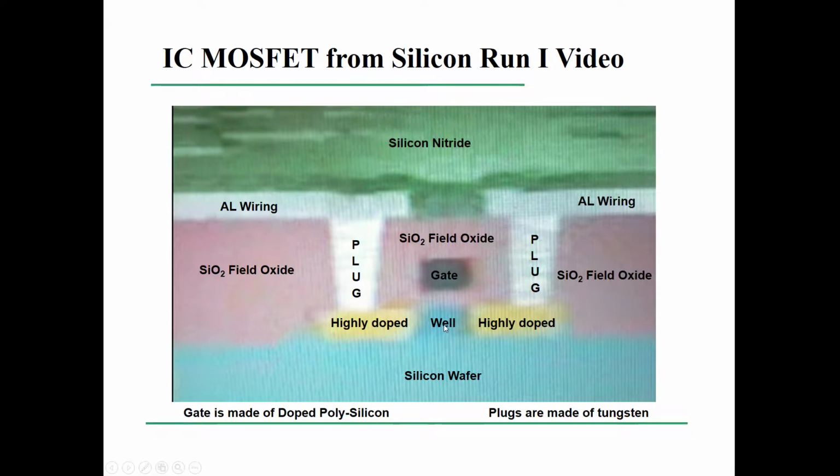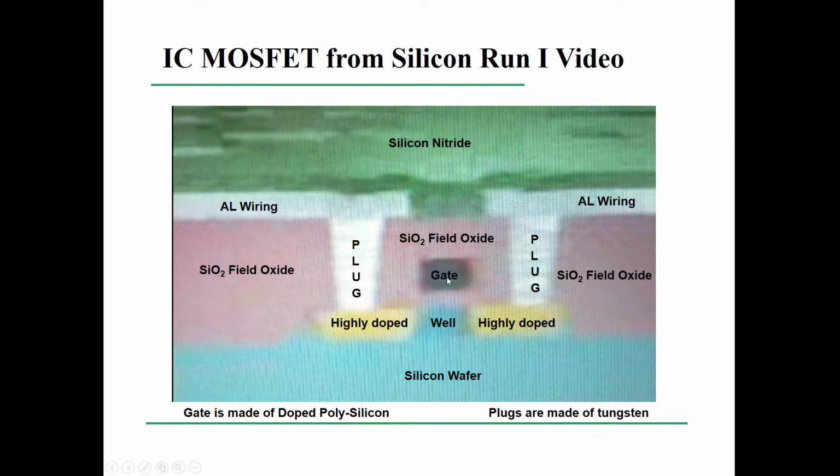You'll see in the video it's called a substrate, and it's also called a well, I think, in the video at some points. And then really what it ends up being, at least from the device perspective, is the channel of the transistor. So well, substrate, channel all mean the same thing in this case.